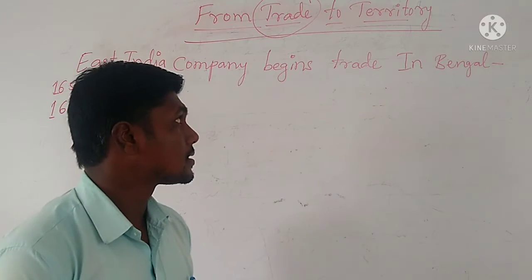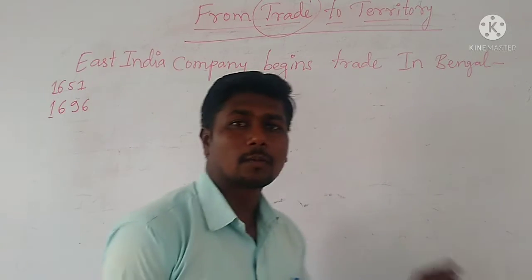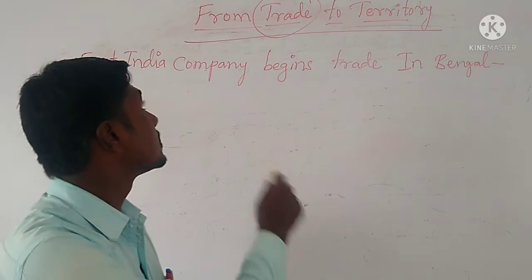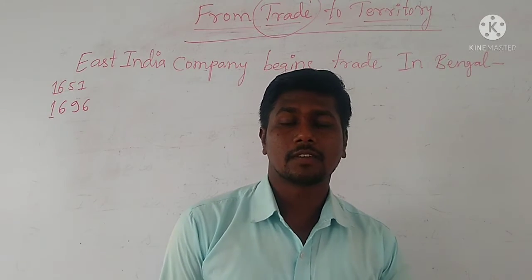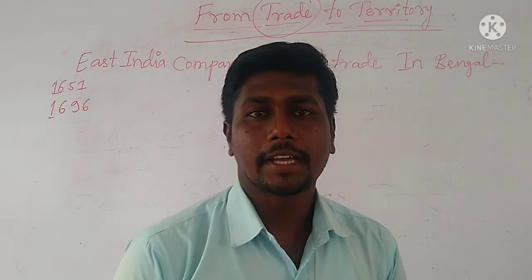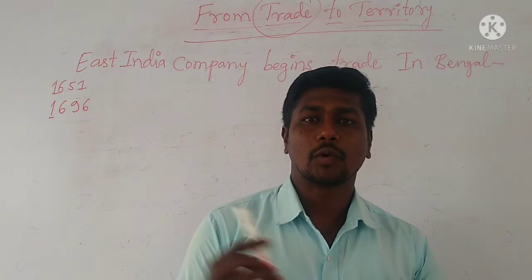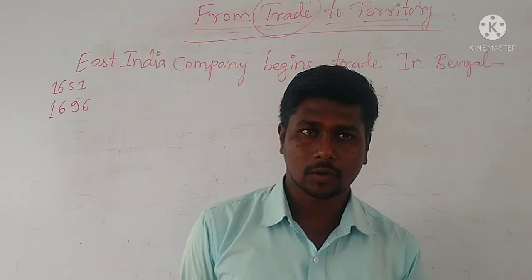In the last class, we learned about the first topic of History Chapter 2, that is From Trade to Territory. In this, we learned how the East India Company comes to the east, I mean, how the English East India Company came to India.